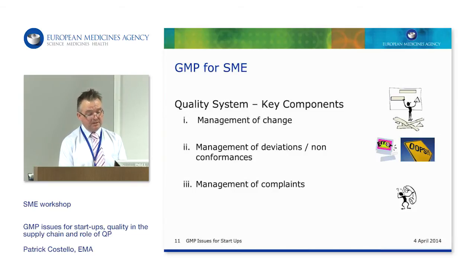The key parts of the quality system that are important to try and have established early, I guess, in your road to manufacturing a medicinal product is essentially management of change, or change control.